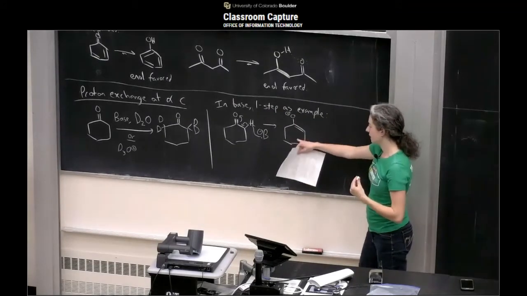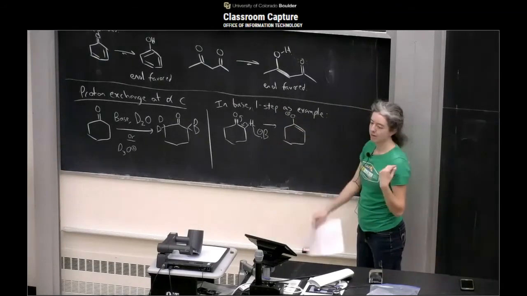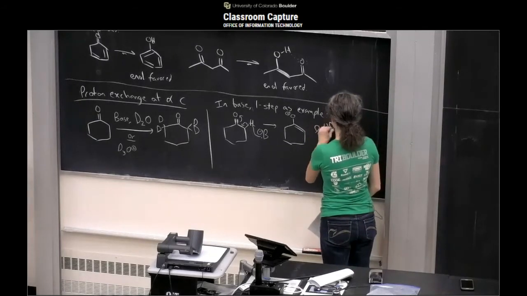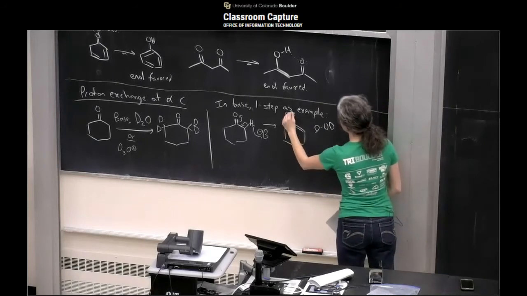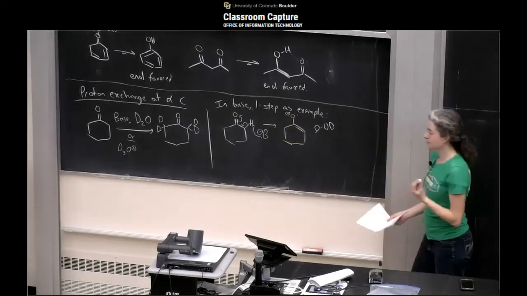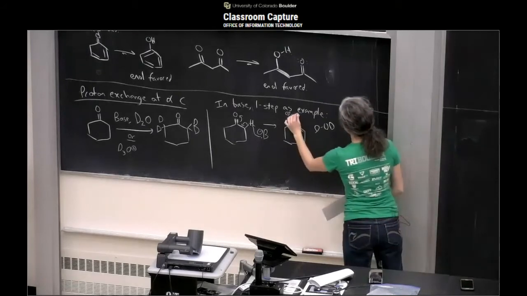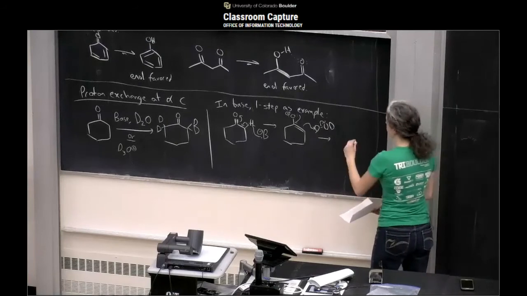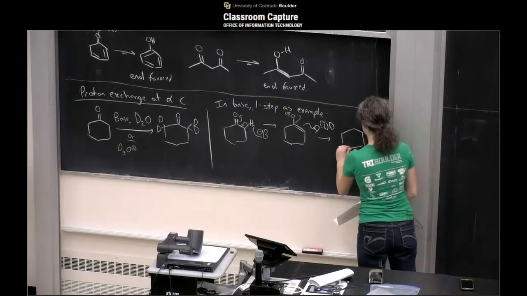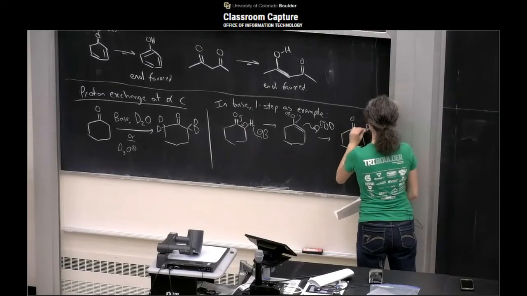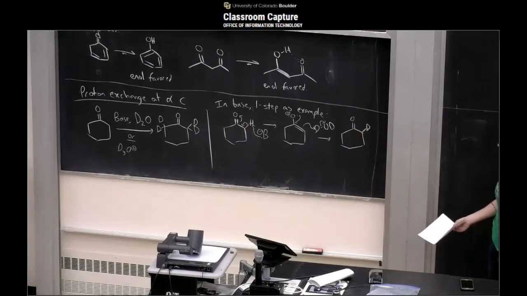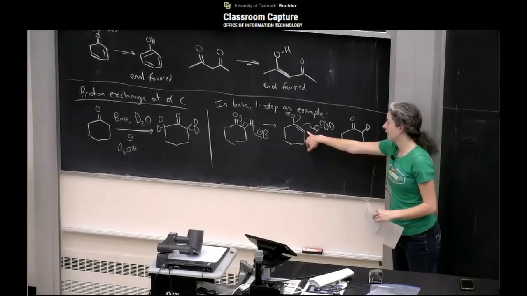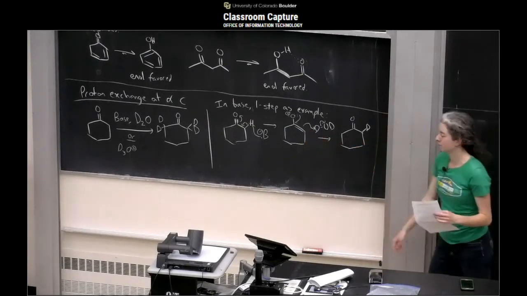And that could kick back down and take the H right back off of the base, which is not impossible. But what's more likely, since there's so much more D2O around, is that when it comes back down out of the enolate form, it's just going to rip a deuterium off of water. So that's how you get the first one on there. Then you just repeat that at random for any alpha hydrogen or deuterium, and eventually all four are going to get replaced.